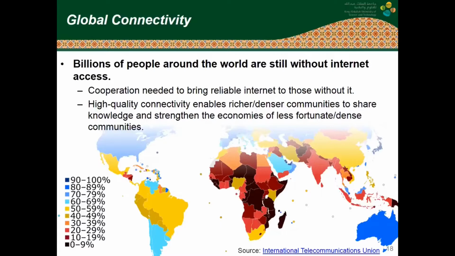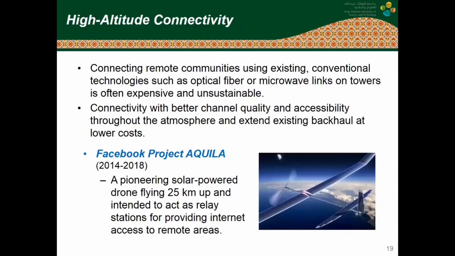So if the power grid is not there, or if it's not reliable, obviously you cannot have reliable communication networks. Now, bottom line, it's a problem that we are facing, and it's becoming more and more important. And the way you can solve this backhaul problem is by bringing aerial or space connectivity, in other words, high altitude connectivity.